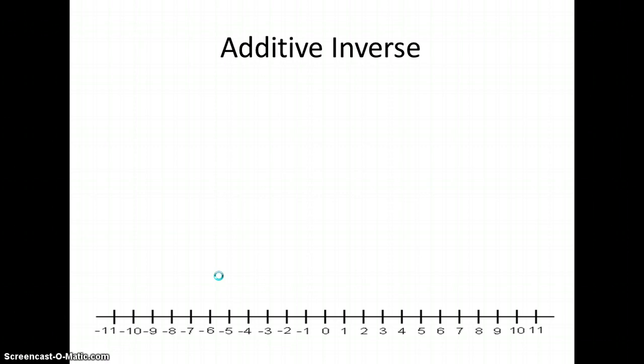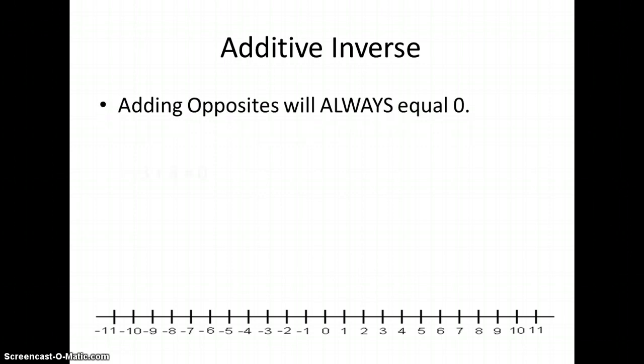The next thing we're going to talk about is additive inverse. An additive inverse tells us that when I add opposites, I will always get 0. Let's look at this on a number line. If I start at 0 and go to -3, then add a +3, or go in the positive direction 3 units, it'll take me back to 0. It works when I start with a positive number as well.